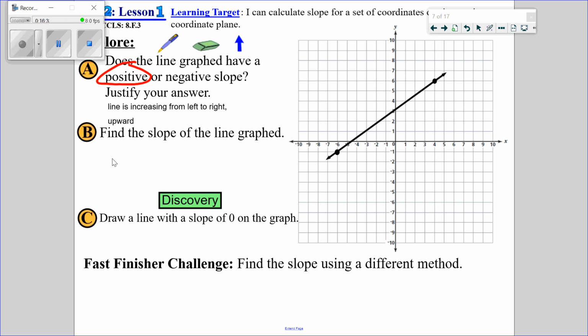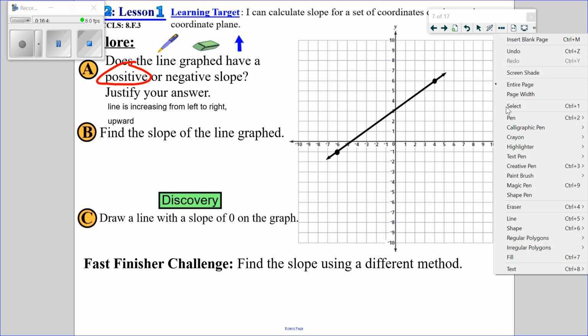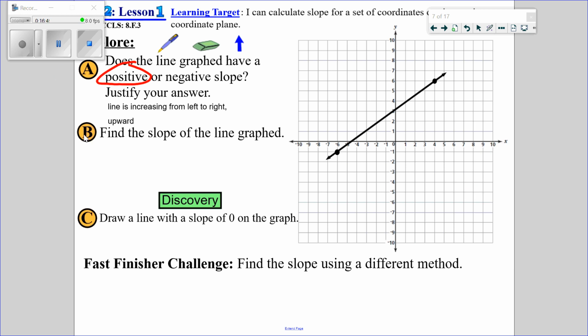So now they're asking us to find the slope of the line graphed. So we're going to use M equals rise over run. So here we go. I go to this point, I go up.